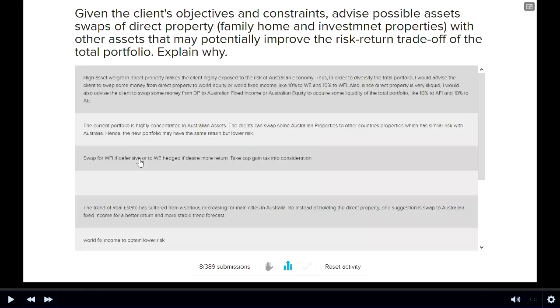You are absolutely right, and you are right to identify the asset swap, inflation-linked bond. It's a good long-term inflation hedge if held until maturity. And also, it's much more liquid than direct property.